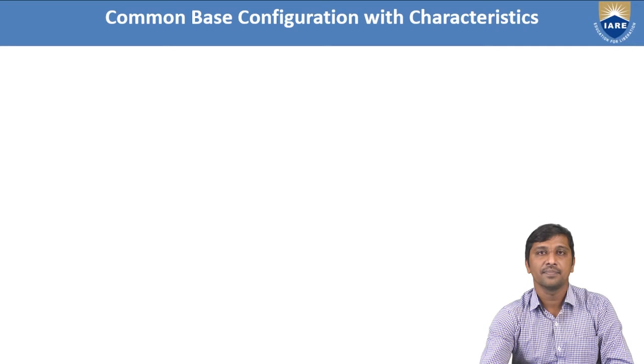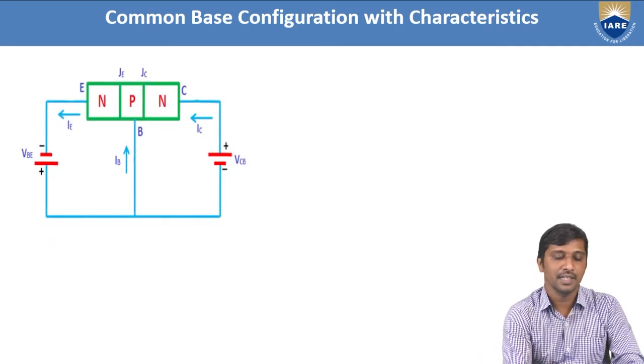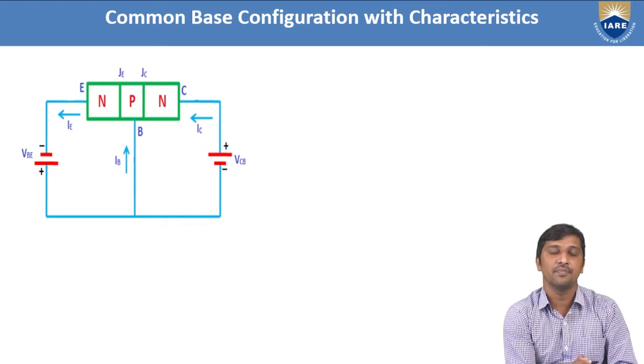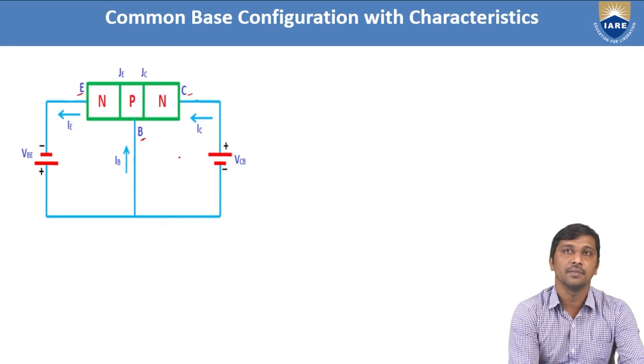Let us consider the NPN model. This is the N-type material, a P-type material, and an N-type material. The intersection of the two PN materials is called the base. One end is represented with the emitter, and the other end with the collector.